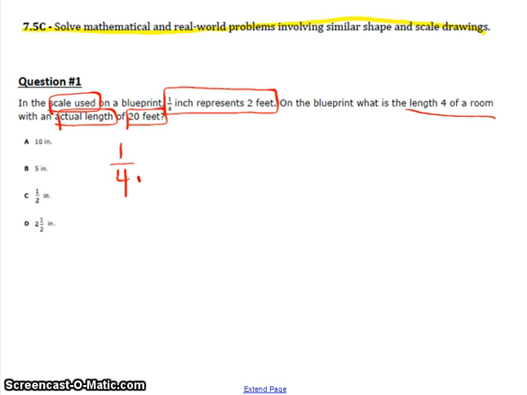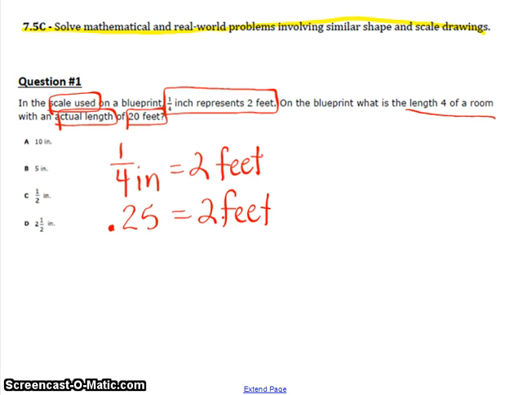And our scale said 1/4 inch is equal to 2 feet. Now, you have options here. You can use the decimal representation of 1/4 of an inch, which would be 25 hundredths, is equal to 2 feet. So when you set up your proportion, we're comparing inches to feet.